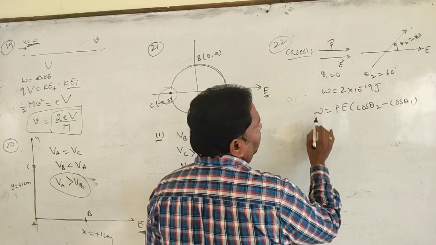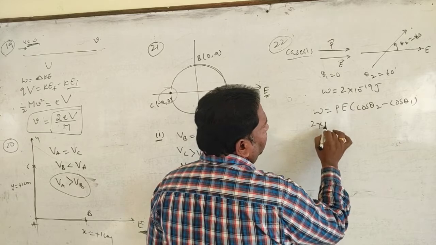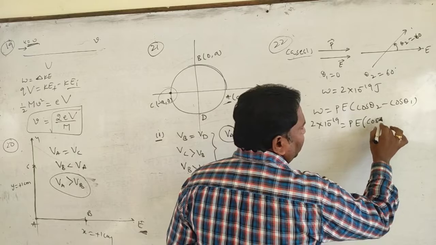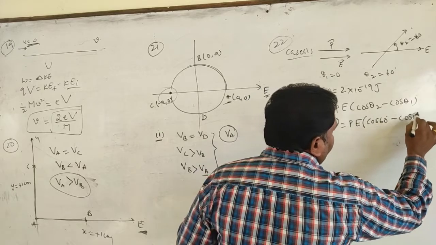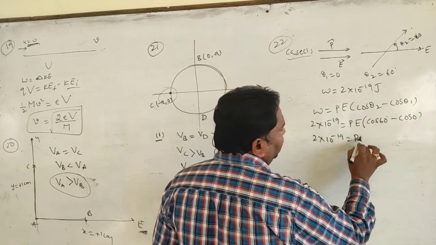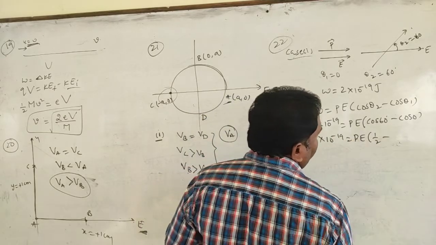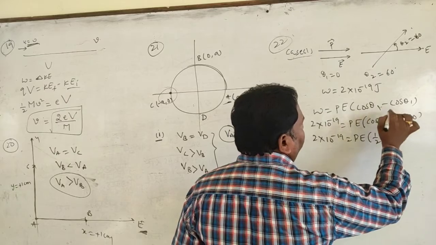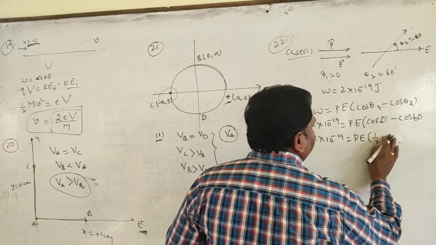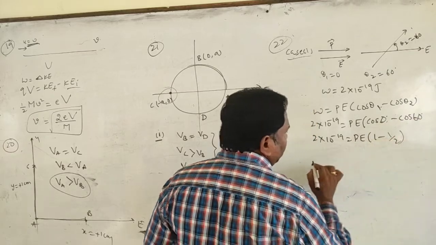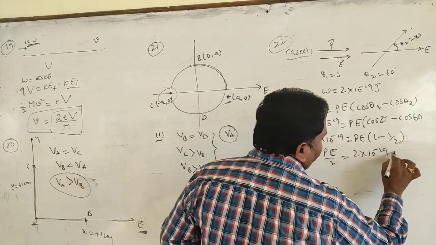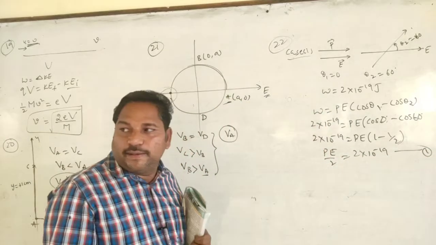So work done, 2 into 10 power minus 19, is equal to P into cos 0 minus cos 60, which becomes 1 minus 1 by 2. So P by 2 equals 2 into 10 power minus 19 joules. This is equation number 1.